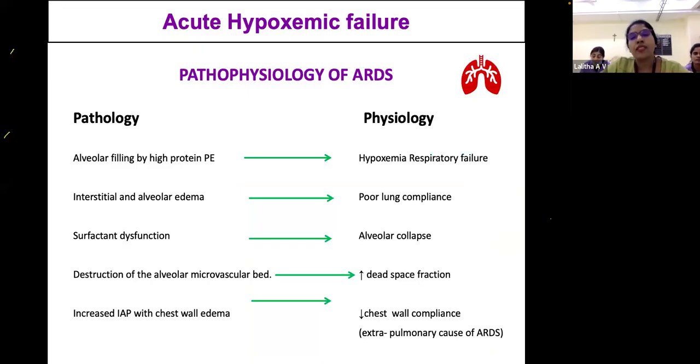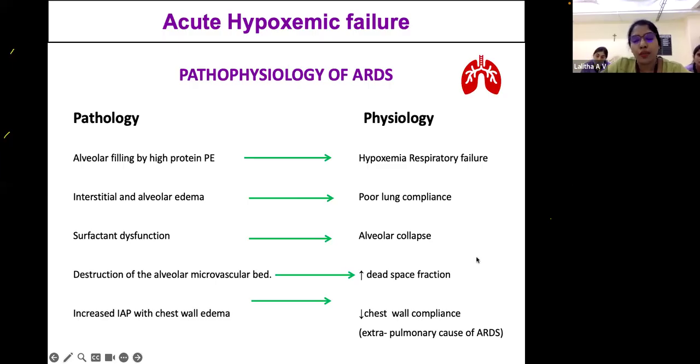So there will be destruction of the alveolar epithelial membrane. All this will result in hypoxemic respiratory failure. The lung compliance will get affected. It can become very much decreased, with poor lung compliance. And you'll have small alveoli, or the baby lung, which could be collapsed. And as a result of all of this, the dead space is increased.